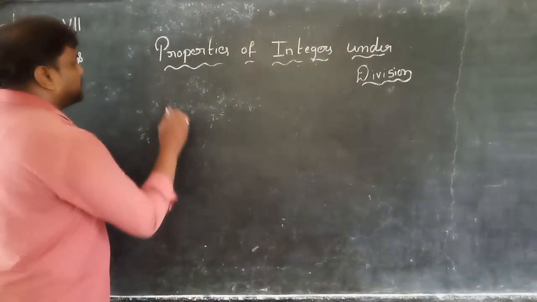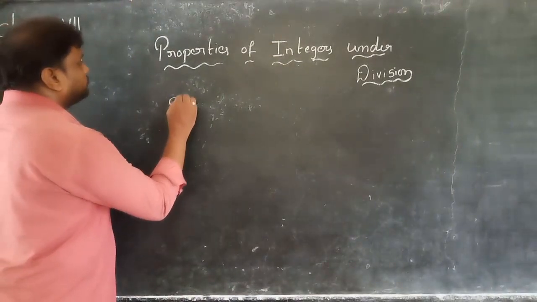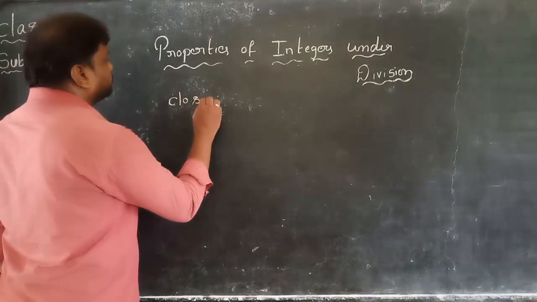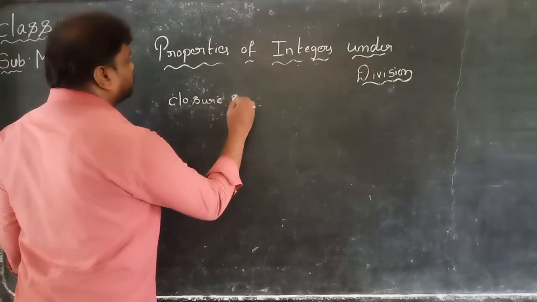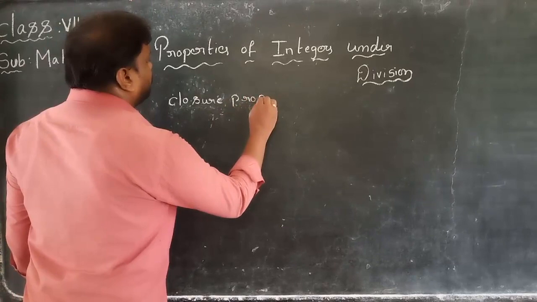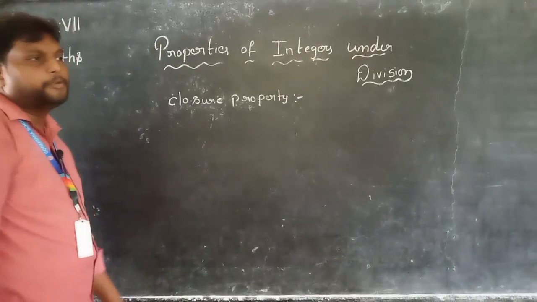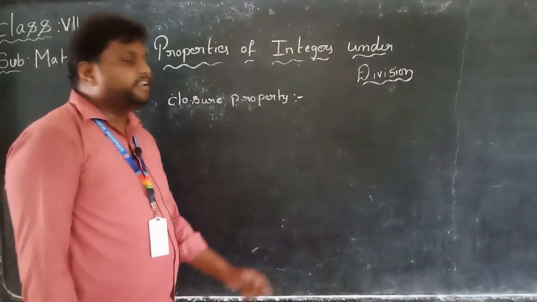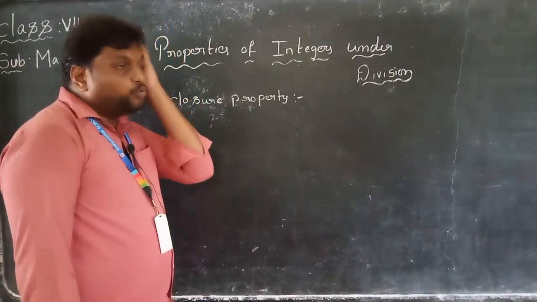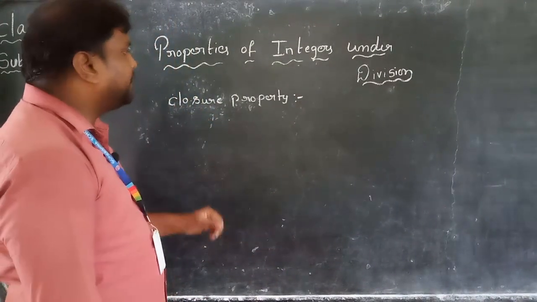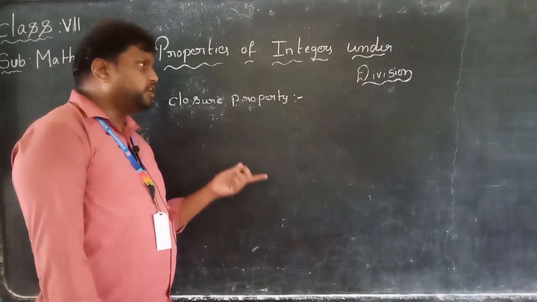First one, what is that? Closure property. What is the closure property? Under addition, the sum of any two integers is also an integer. Like that, the product of any two integers is also an integer.